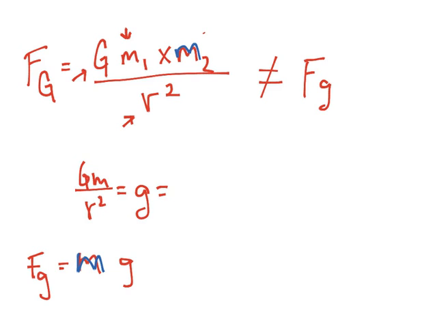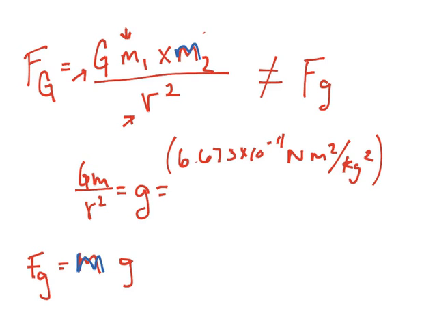So the gravitational constant was 6.673 times 10 to the negative 11 newtons meters squared divided by kilograms squared. Then multiply it by the mass of the Earth and divide it by the radius of the Earth.